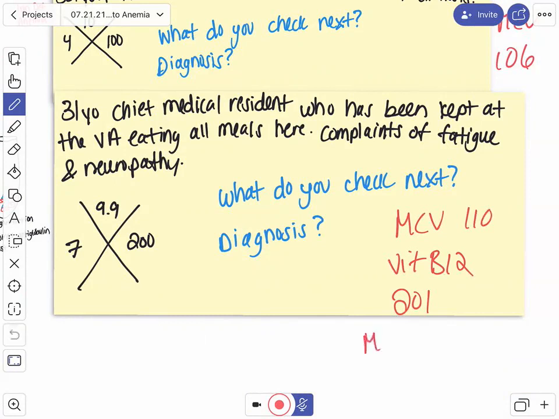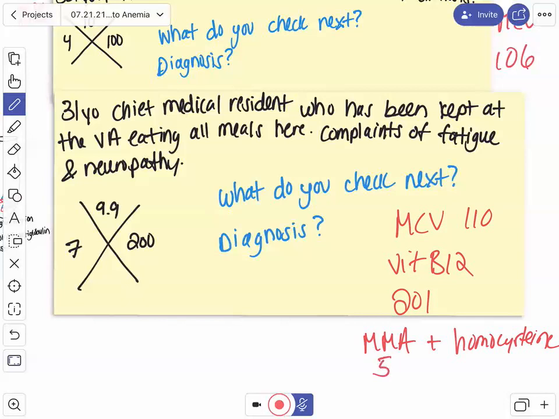Okay, methylmalonic acid. What is its partner in crime? Yes, homocysteine. And then what if I tell you that her MMA level, we don't know who this person is, we're all guessing here, is 5.